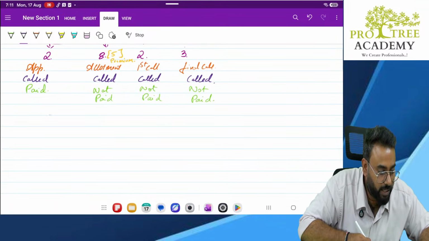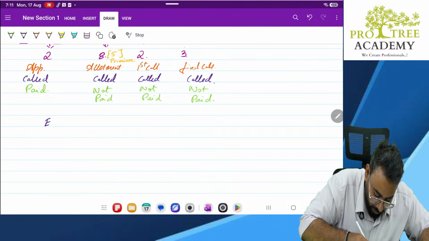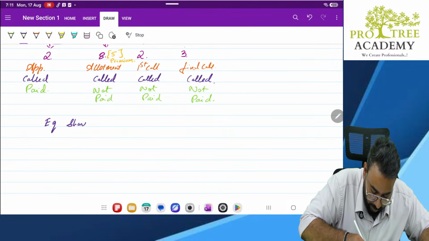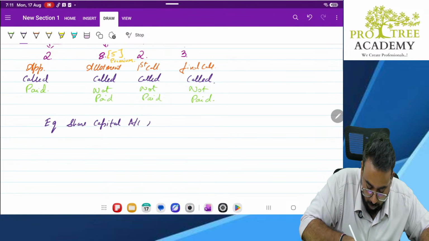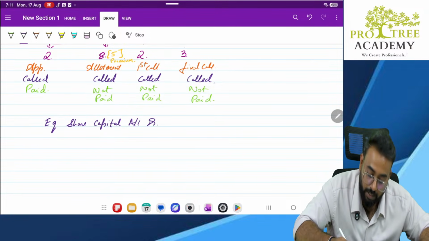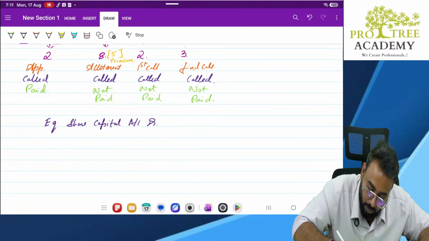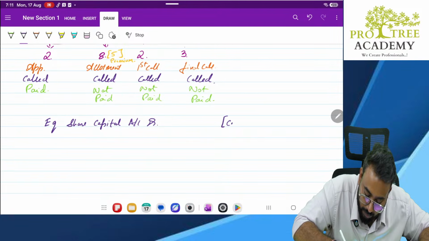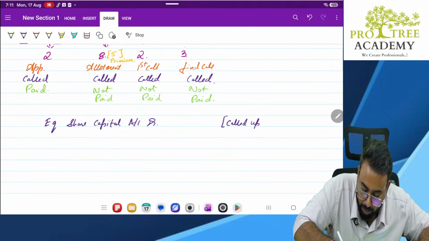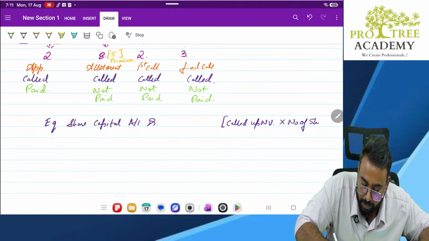So how do you cancel the forfeited shares? Equity share capital account debit. Now what is the thing here? Called up nominal value into number of shares.